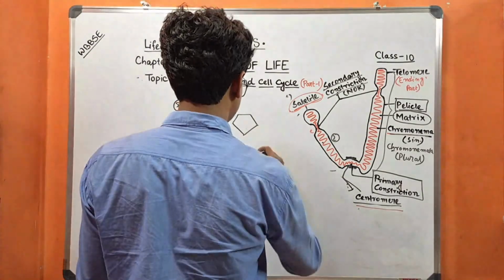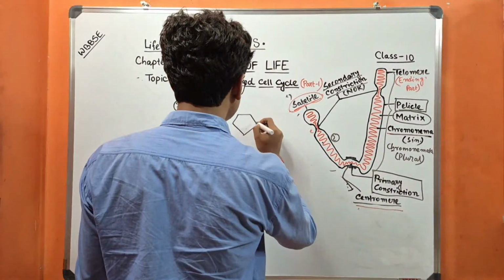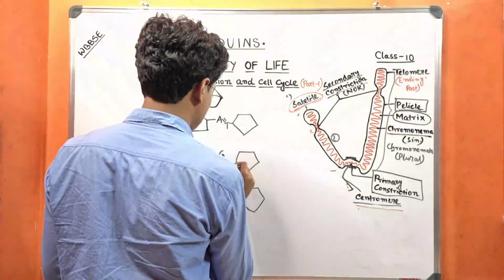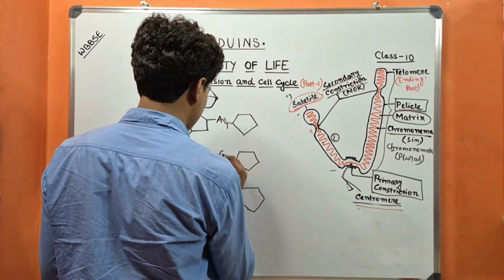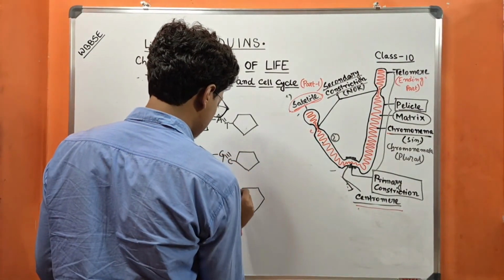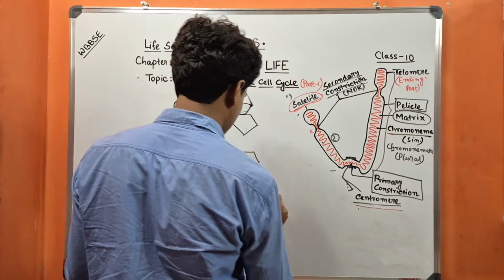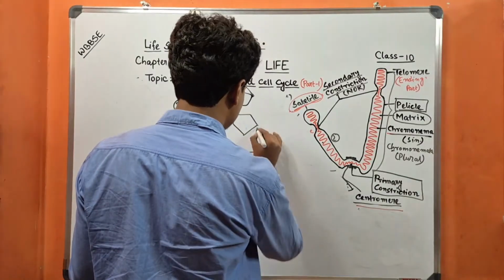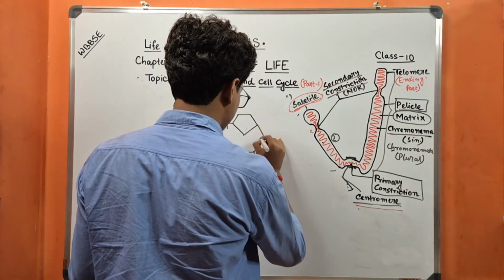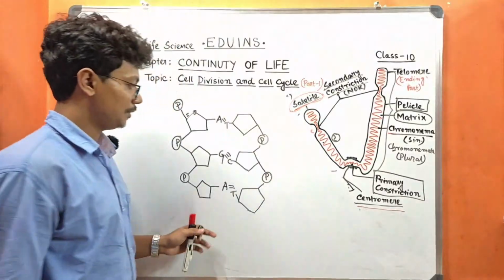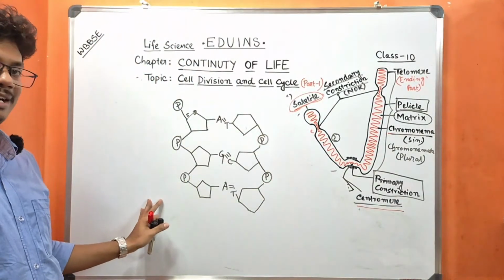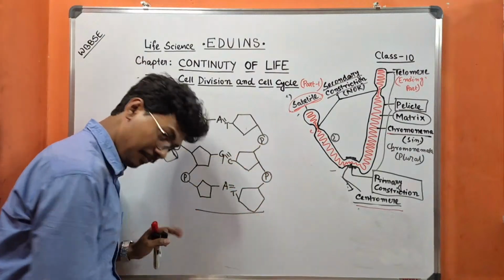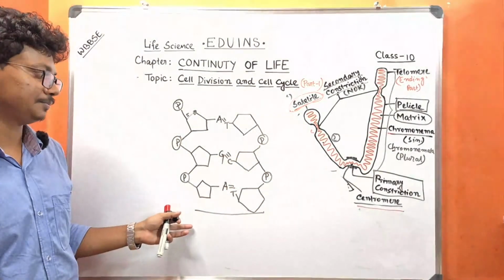And here this part is T, this is C, and this is T, and these are the parts where phosphate gets attached. So this ladder form, or model, was proposed by Watson and Crick.